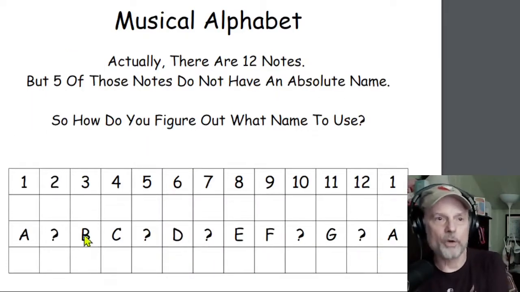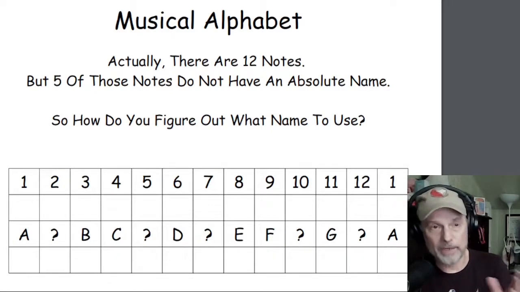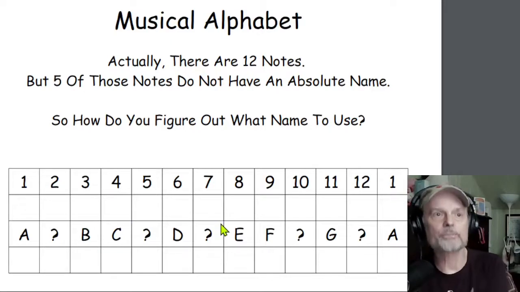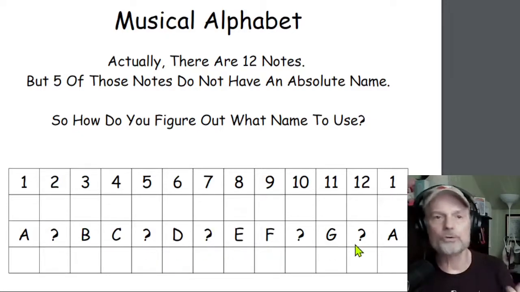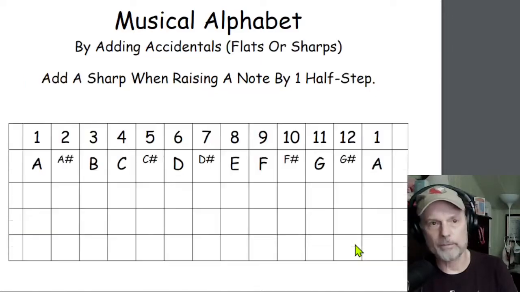All right, so now here we have our scale laid out starting with A. Now, this shows us the actual relative spacing. So we have space between every pair here except for the BC and the EF. That is important to remember. Now, what are the names of these extra 5 notes if we don't use any other letter names?